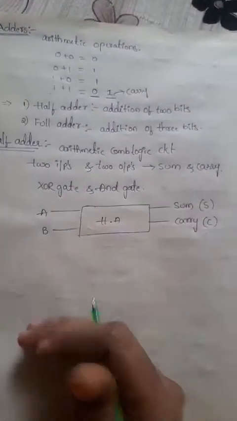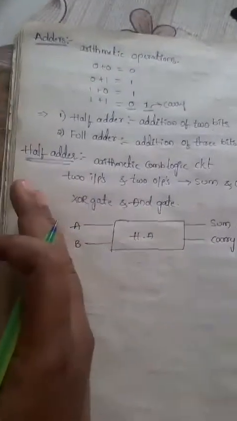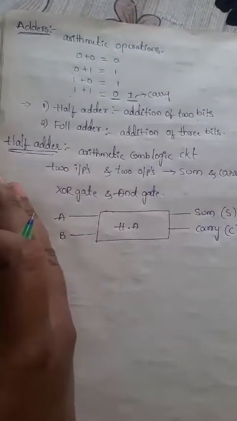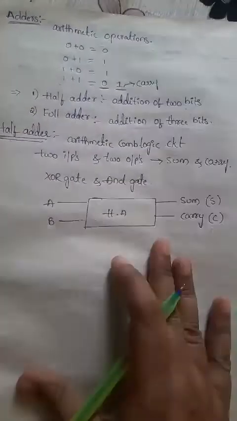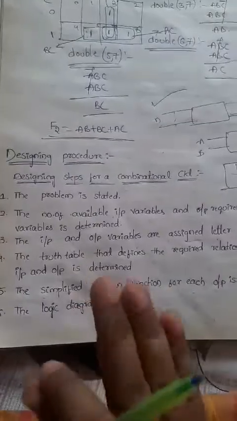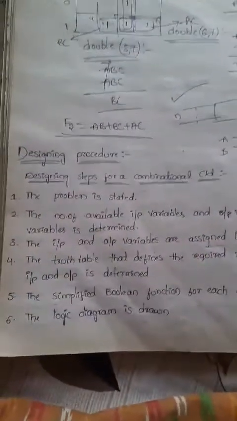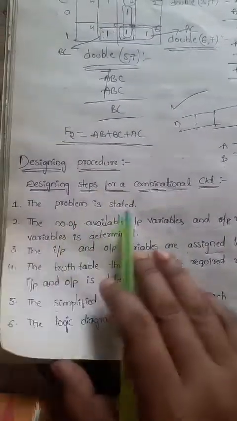Now, in previous classes we discussed the design steps for a combinational circuit. We already know how to design a combinational circuit by using the design procedure. These are the steps we follow. The first step: the problem is stated, meaning we observe the problem.